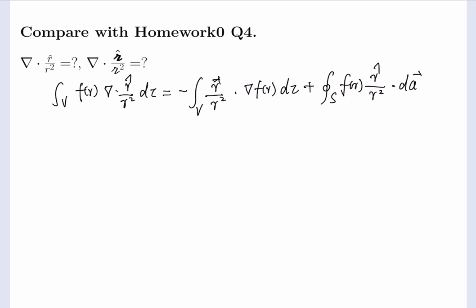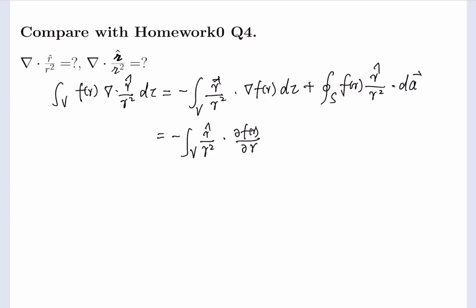Now to get the first term, we simply apply the chain rule. So partial f(r) partial r, and there is an additional factor.